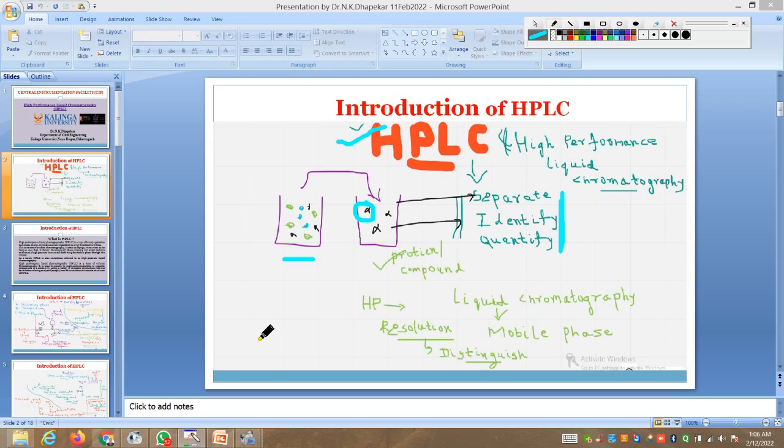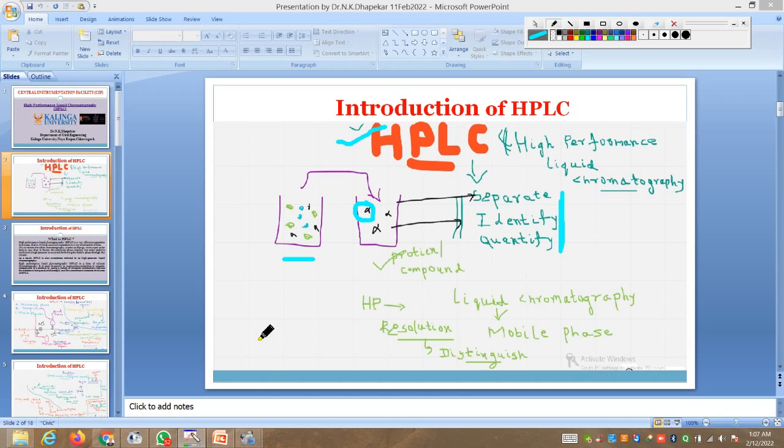High performance chemical admixtures, retarders, and in every chemical there are key compounds. So if we have to identify and quantify these key compounds, then obviously this instrument will work very precisely.